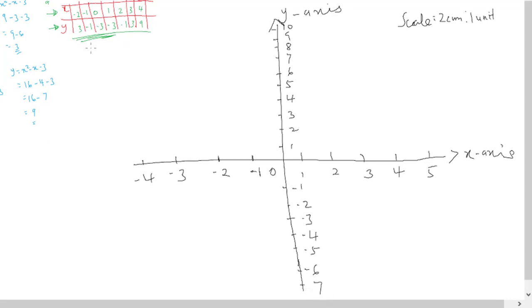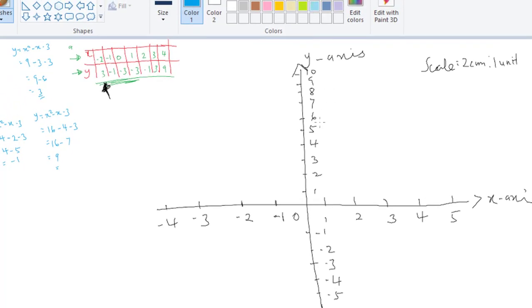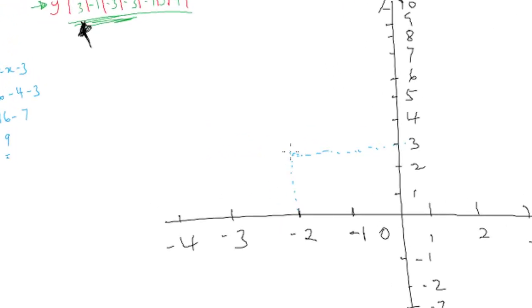So let's start with the first one. x is -2, and our y is +3. So if our x is -2 and our y is +3, this is what we have here.